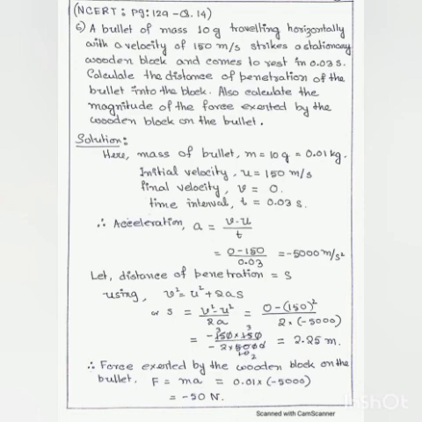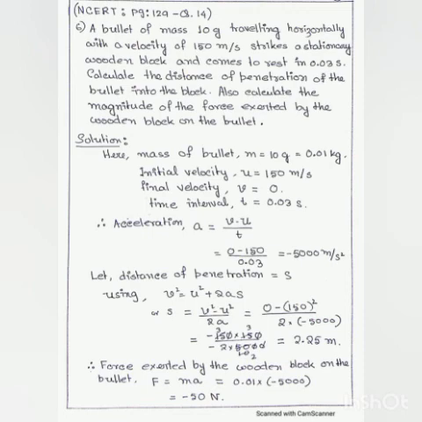Now using this equation we can calculate the distance s. So just substitute all the values of v, u and a. Here v is 0, u is 150 and acceleration is minus 5000. What we will get? Distance of penetration s is equal to 2.25 meter.